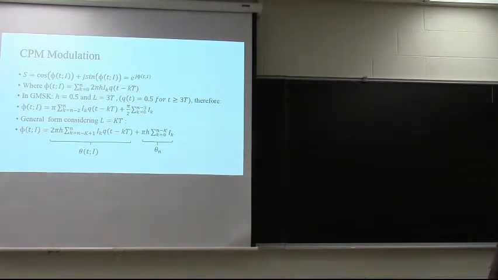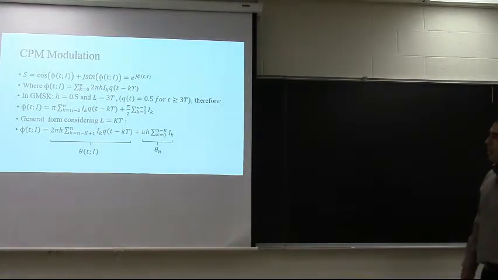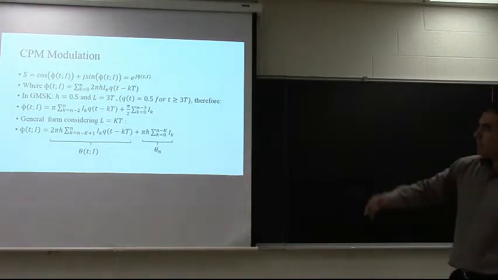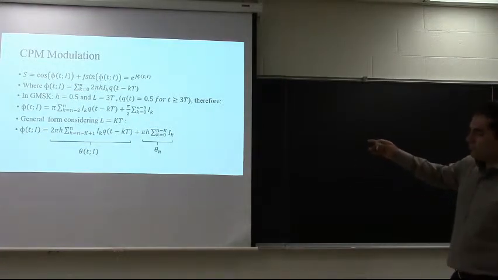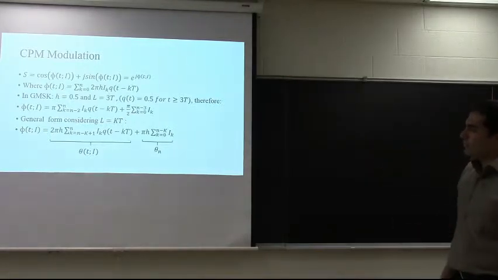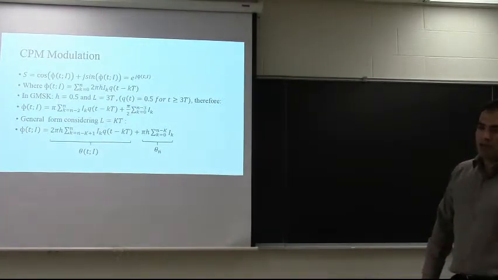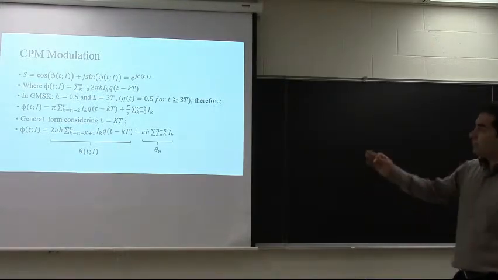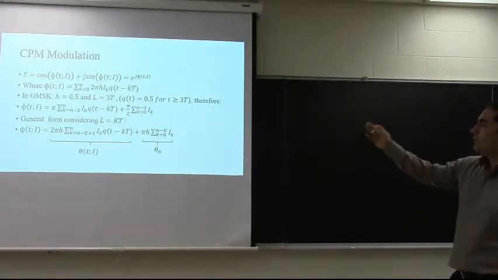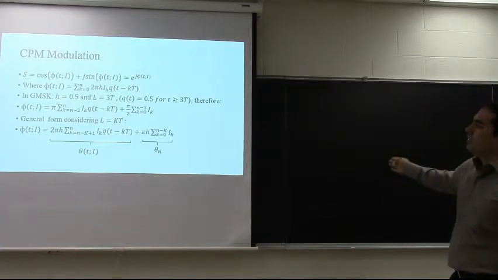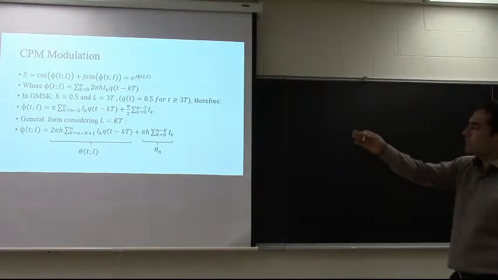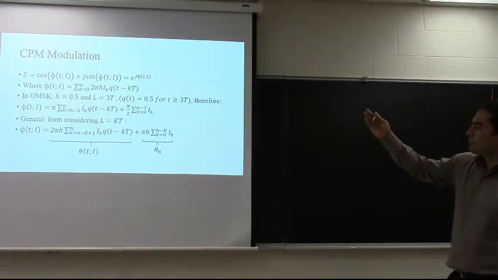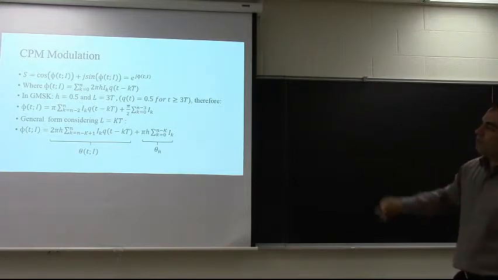The first part is the summation from k equal to n minus 2 to n of I_k q of t minus kT. Plus the second part, which is just a function of the transmitted symbols, because after q of t for t greater than 3T is constant, therefore the second part is just a function of I_k.